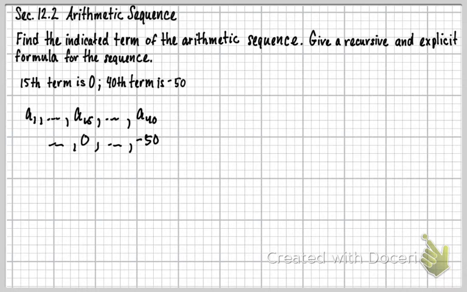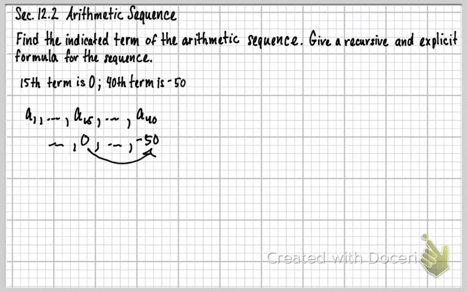So how many terms from 15 to 40? That would be a 25 term difference there. So what I can do is take negative 50 minus 0, so it's going to be negative 50.